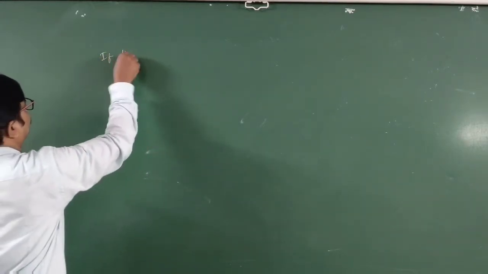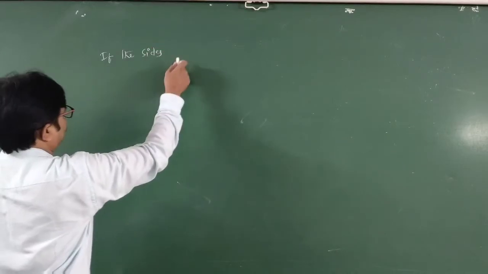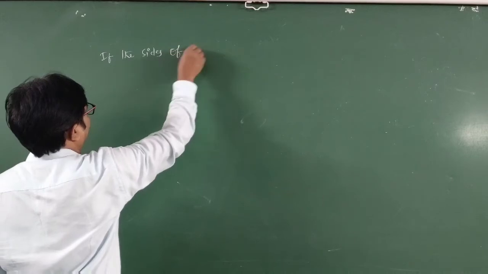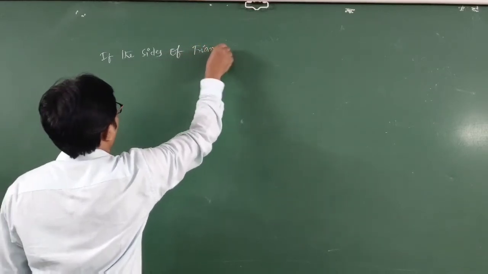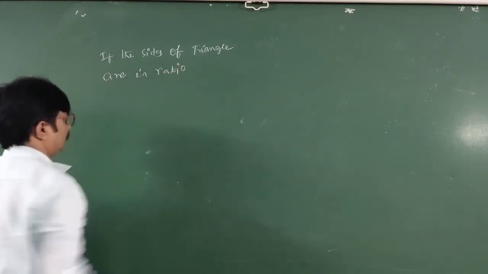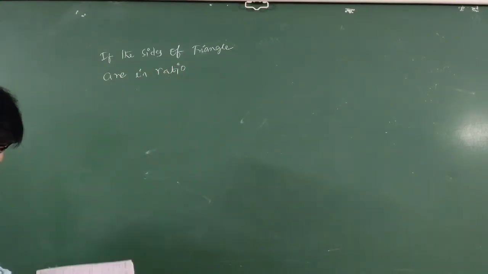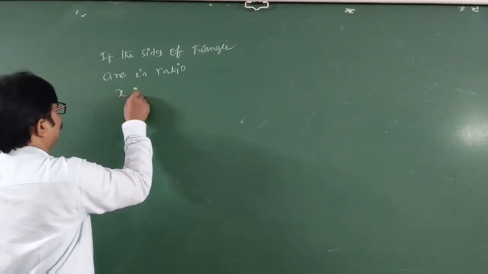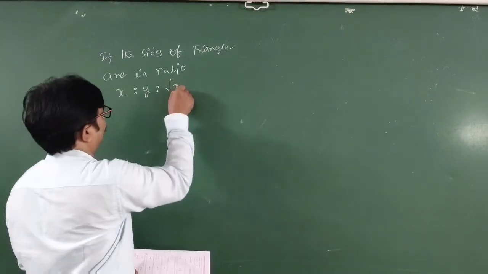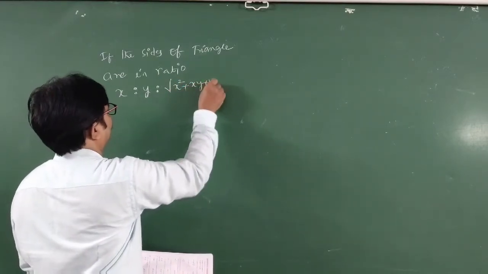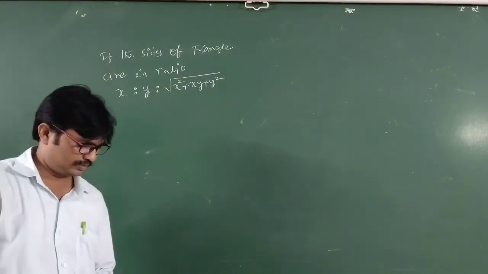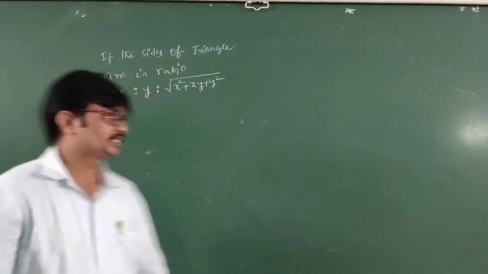If the sides of the triangle are in the ratio x is to y is to root of x square plus xy plus y square, then the greatest angle is?